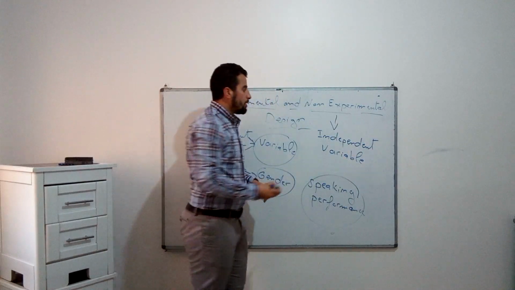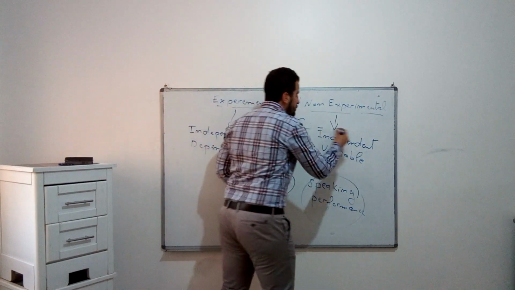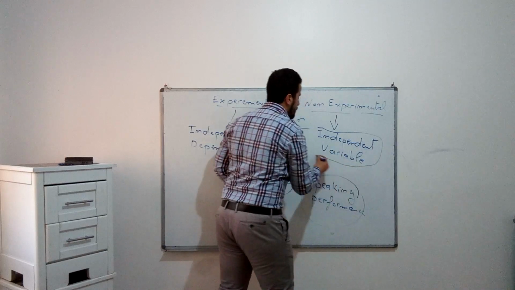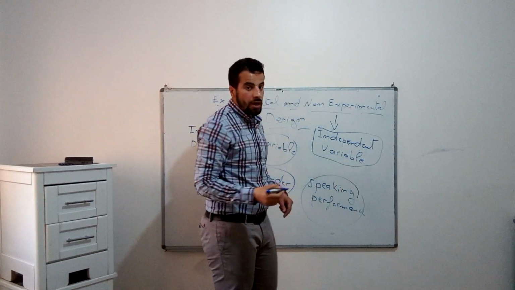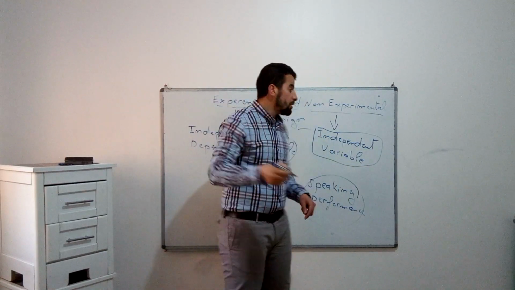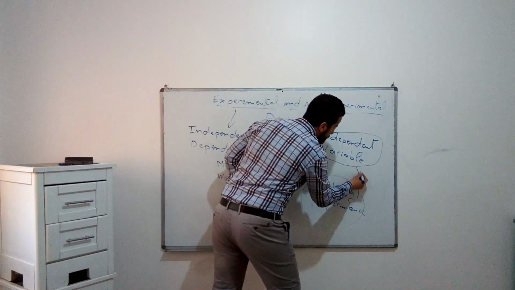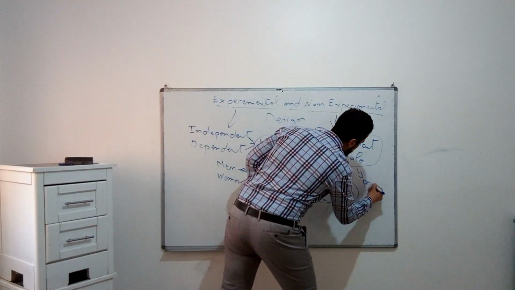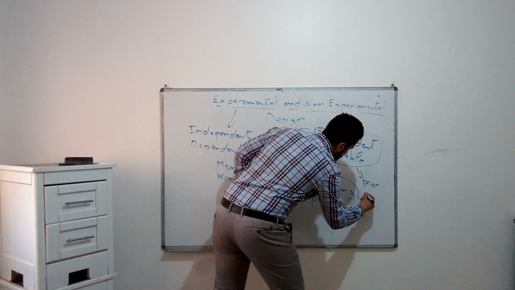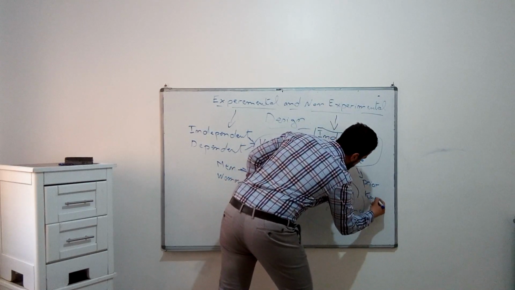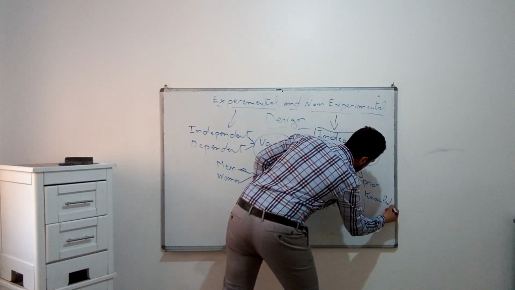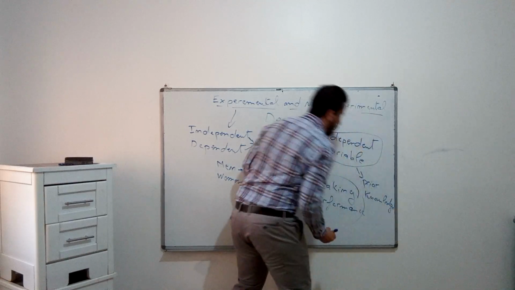From the independent variable, you are going to control or make a significant relationship based on prior knowledge, or information or data. Right?